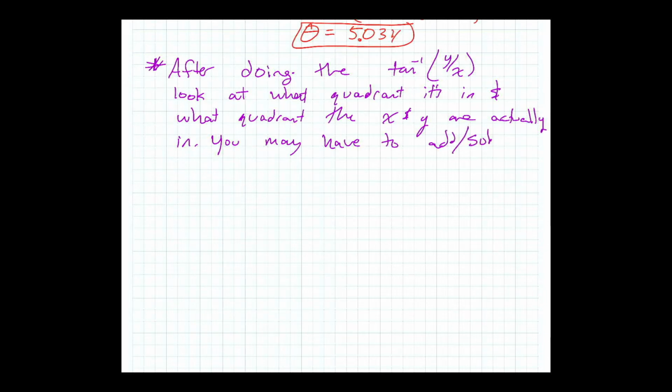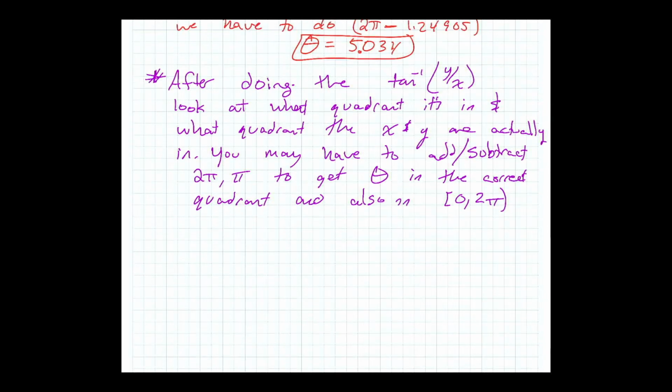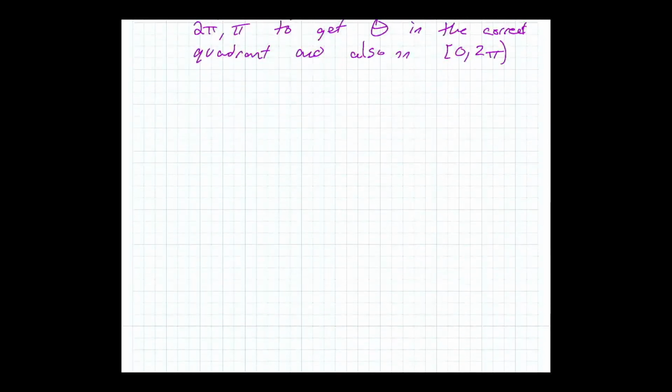Add or subtract pi or 2 pi to get the angle in the correct quadrant, and also in 0 to 2 pi. Okay, so that's the thing that you have to do.